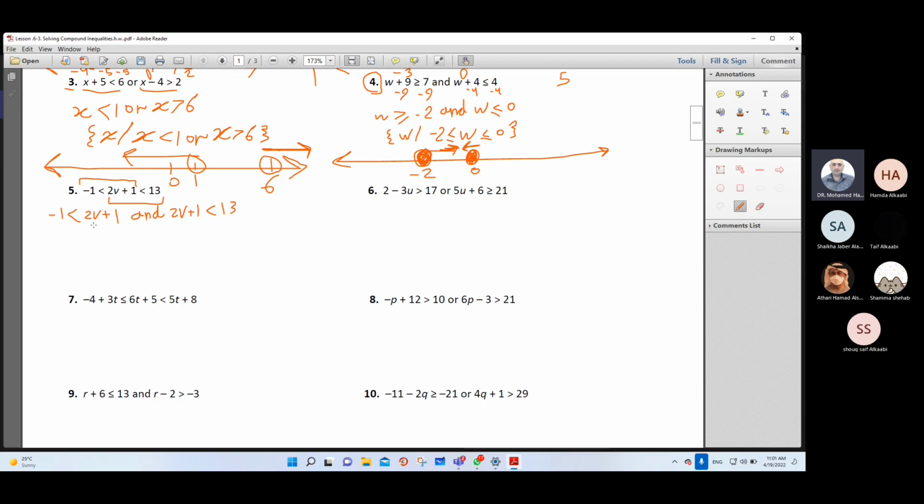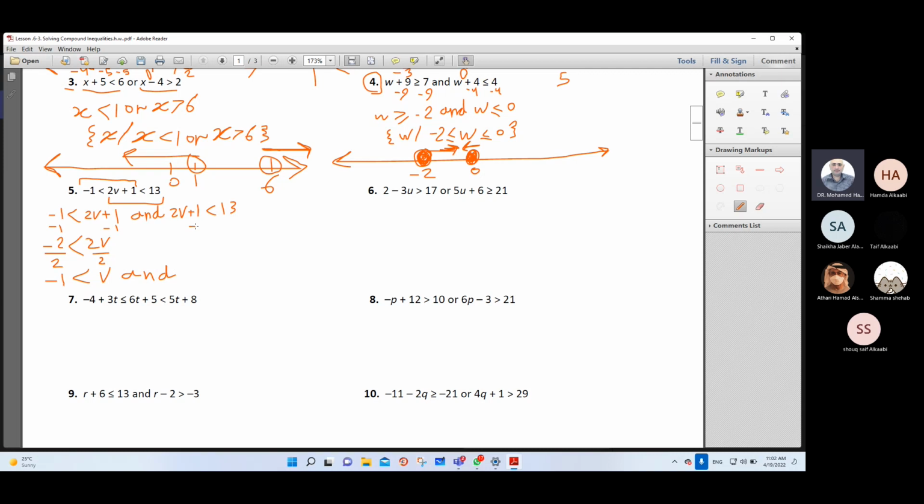Here, try to remove 1 from this side, so negative 1 here and negative 1 here. Remains here 2v greater than negative 2. Then remove 2 from this side, you can divide here by 2 and divide here by 2. So 2v divided by 2 will be v greater than minus 1. And do here the same idea.